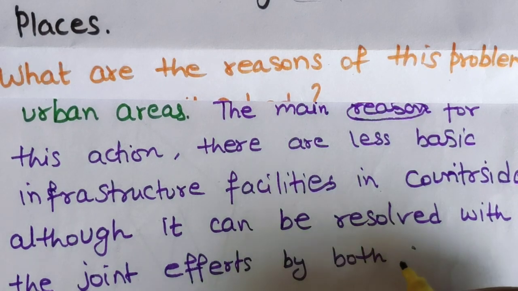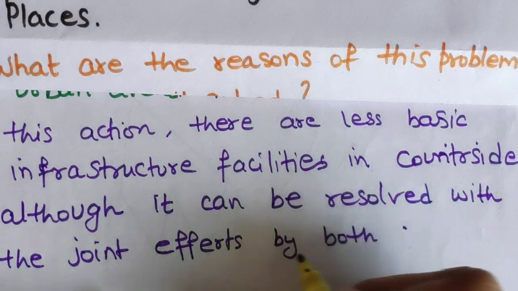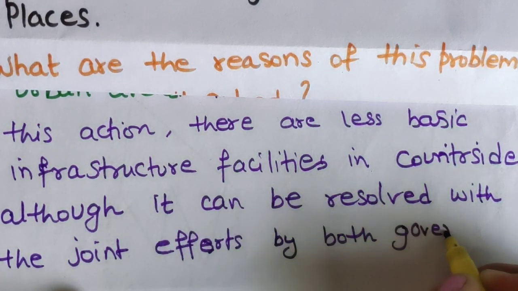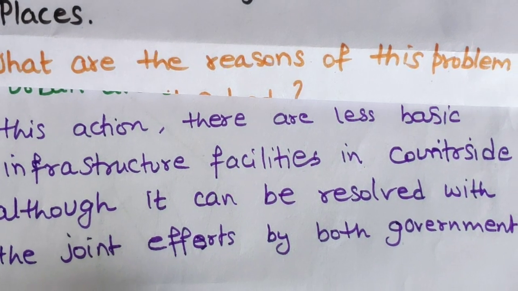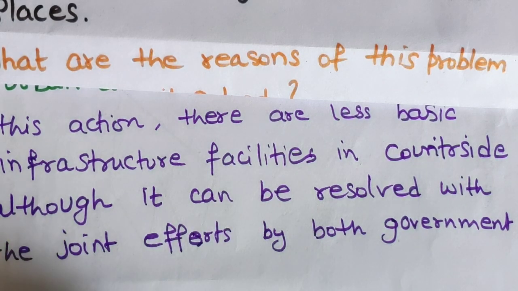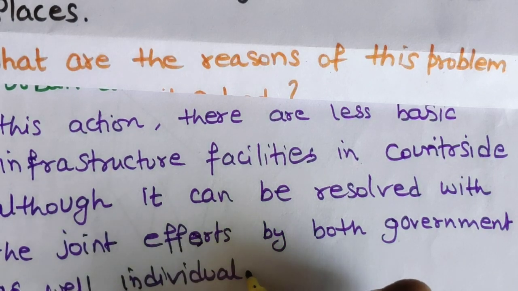So wherever the problem and solution is there, you can use these lines. Joint efforts by both government... Govt. dot is not allowed in Writing Task 1. Just "government" as well as individuals. Okay, so this is a very easy, simple method.